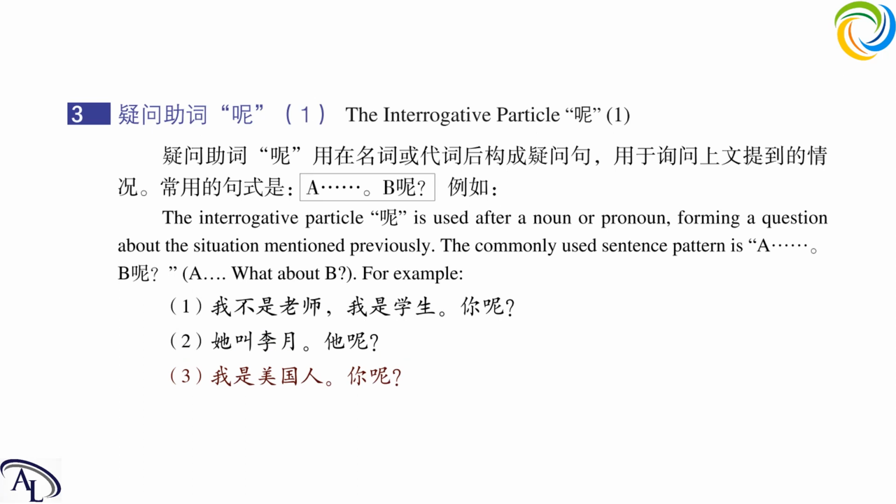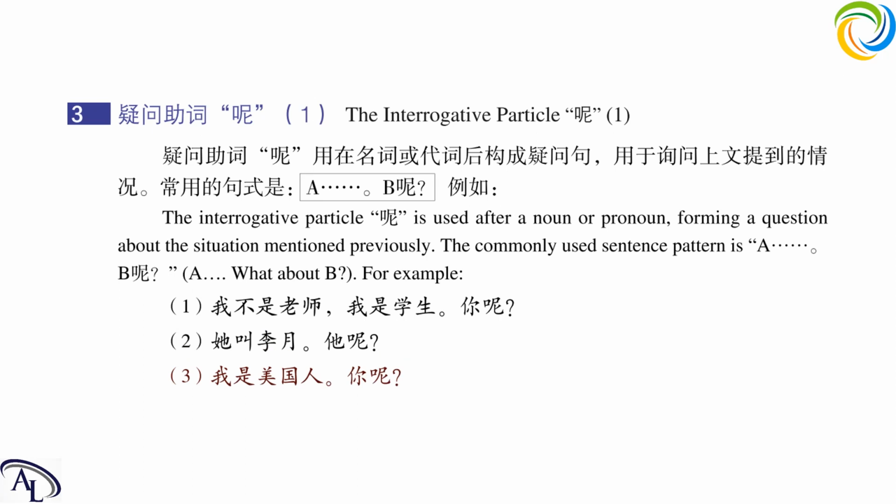First example, 我不是老师，我是学生，你呢？It means I am not a teacher, 老师 teacher. I am a student, 学生 student. 你呢? What about you? It is asking about the identity we've mentioned before, right?